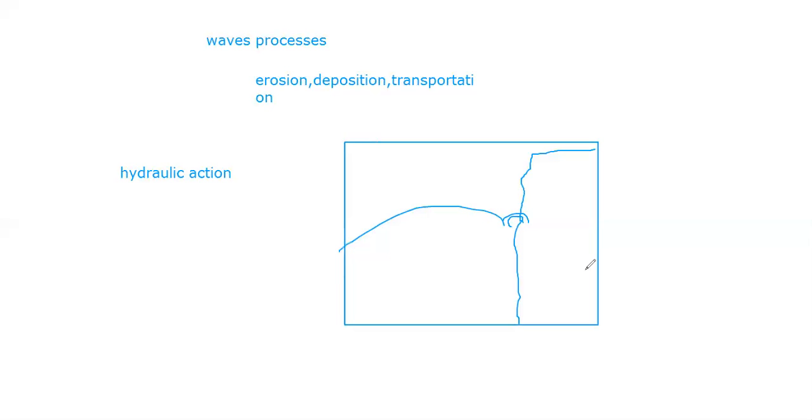Since it's trapped air, the pressure will build up. When the pressure builds up, the rock begins to break off. So the trapped air goes into the holes and cracks of the cliffs, pressure builds up, and then it breaks off.